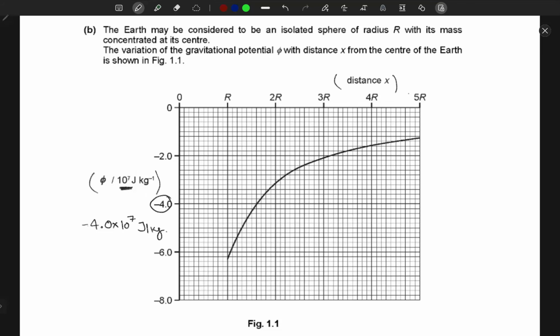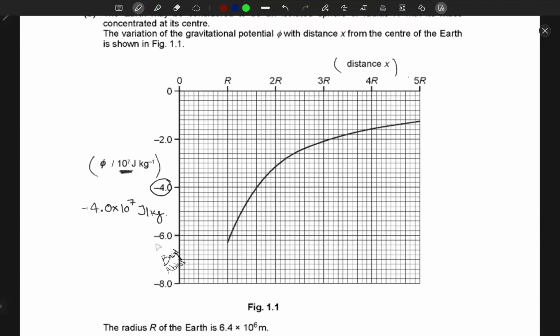So here we can see that this is the potential, and we're given the potential for some radii. We can see that at the radius r of the Earth, it's some value you can see from this graph. And similarly, when the radius is 2 times the radius of the Earth, so you're moving away, the value of the potential starts to increase, right?